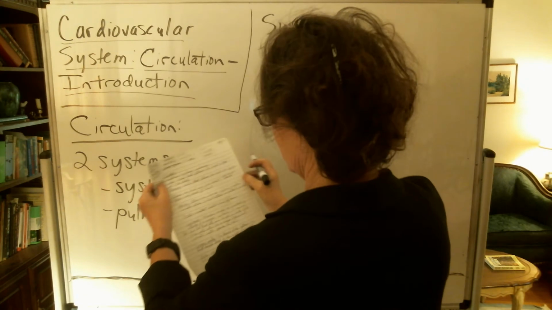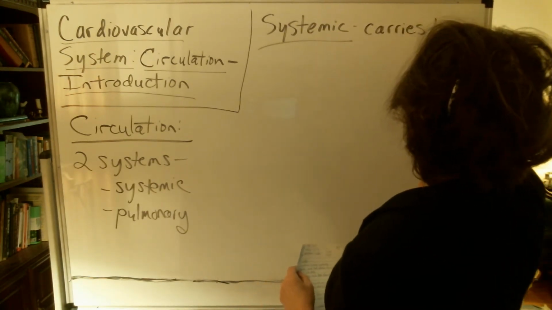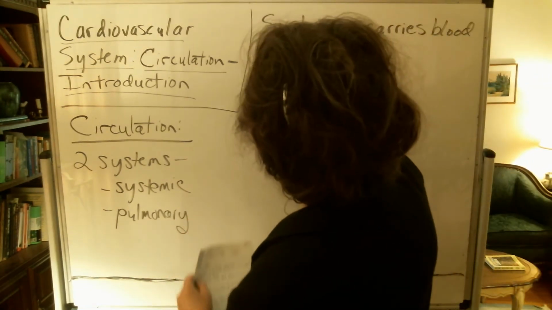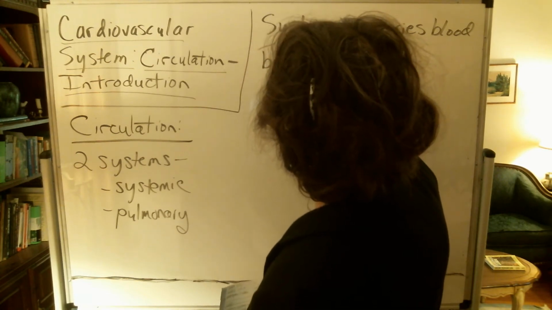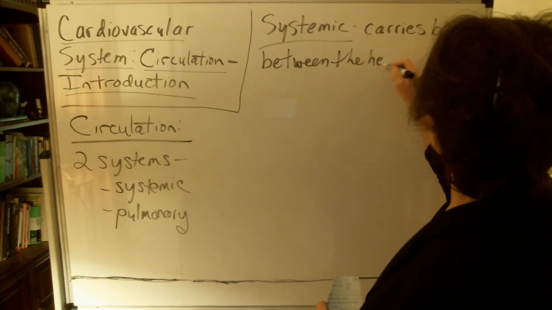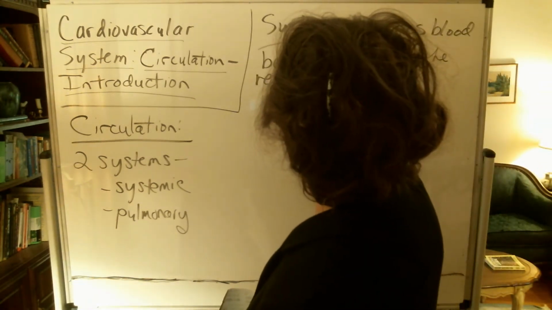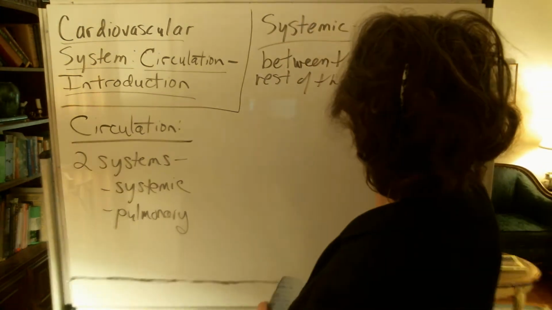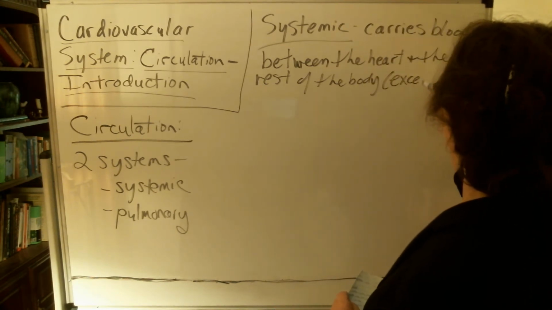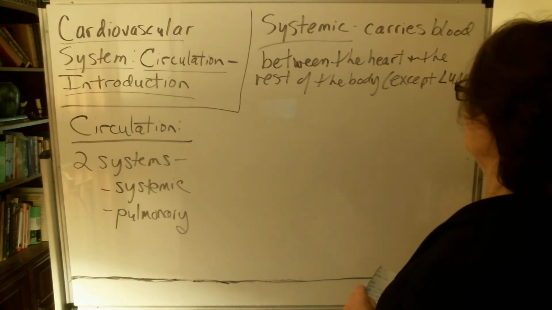So systemic circulation carries blood between the heart and the rest of the body, except for the lungs.